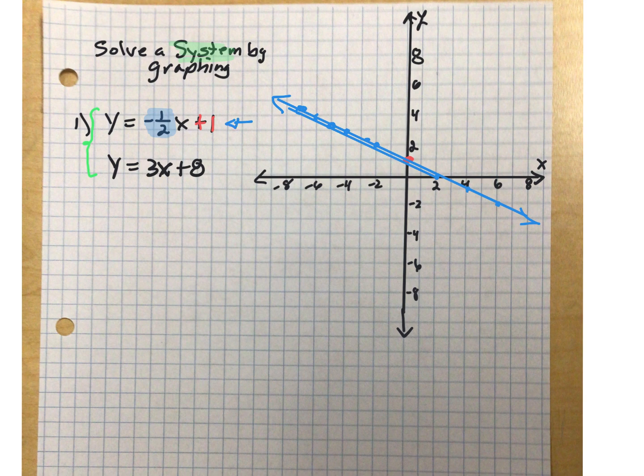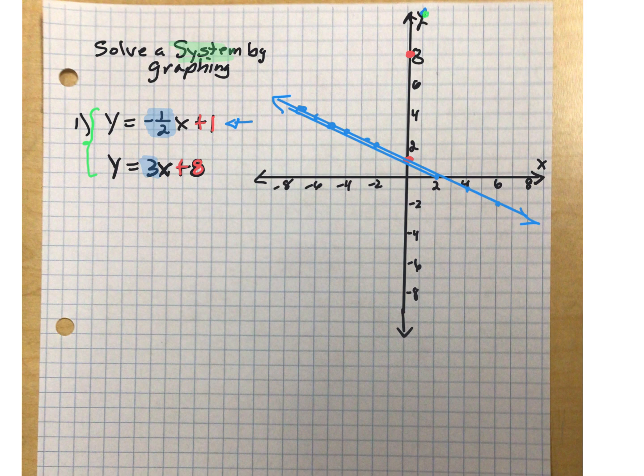So now let's graph the second one. We have a y-intercept of positive 8, so we're going to start at positive 8 on the y-axis. The slope is 3, where the rise is 3, that's your climb. It's a positive slope, so we're going to go up 3 and right 1, and I guess I'll do that one in green.